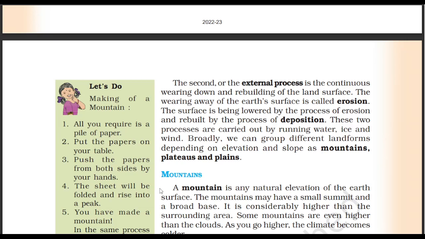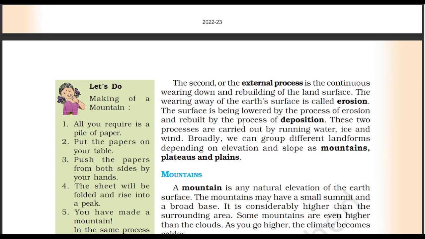The wearing away of the earth's surface is called erosion. Erosion is the wearing away of the earth's surface, meaning cutting down the earth's surface. As you see, the Aravalli was at one time a very high mountain. Today it has eroded through a long-term process.